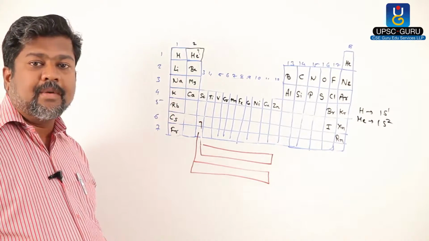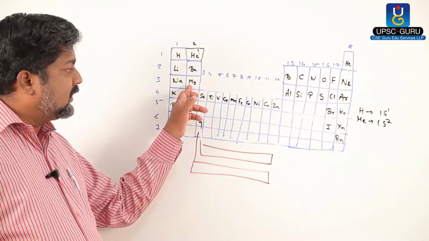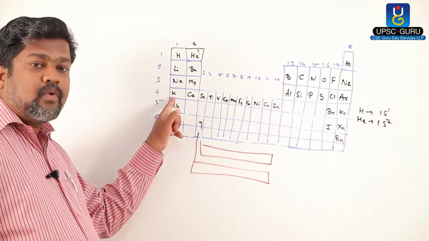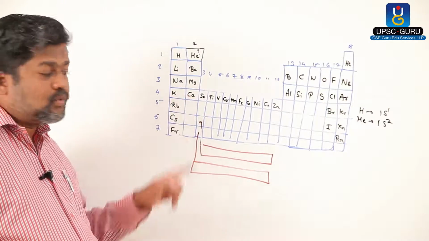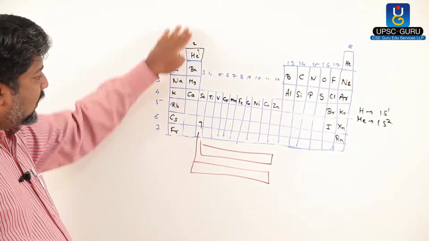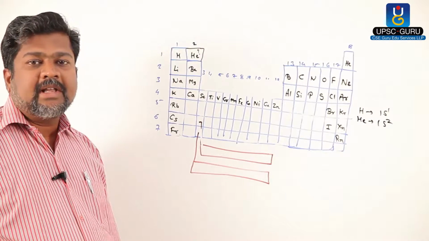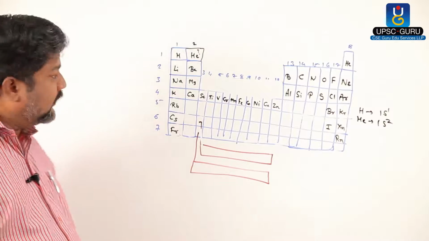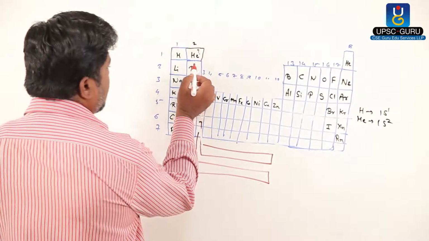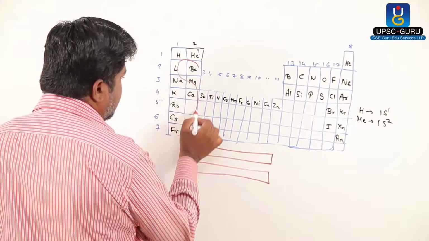For example, sodium 3s1, magnesium 3s2, potassium 4s1, calcium 4s2. So in this particular block we get the s shell under construction, and so we call this block the s block.